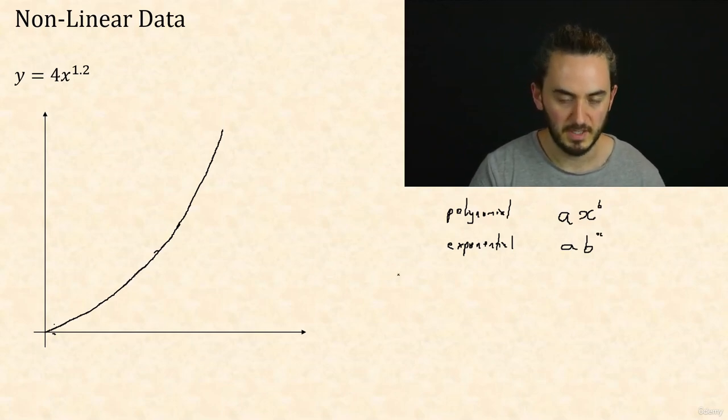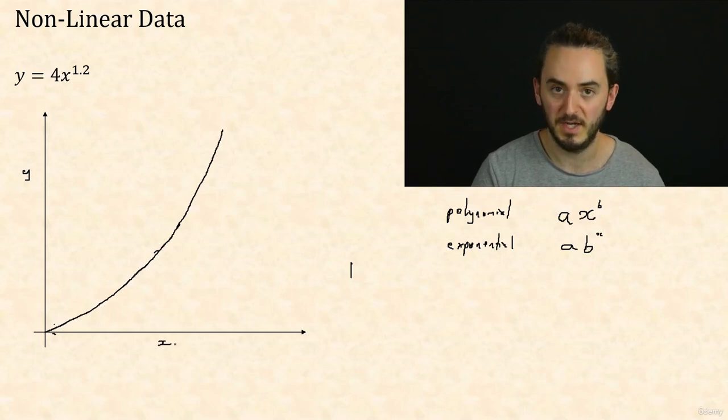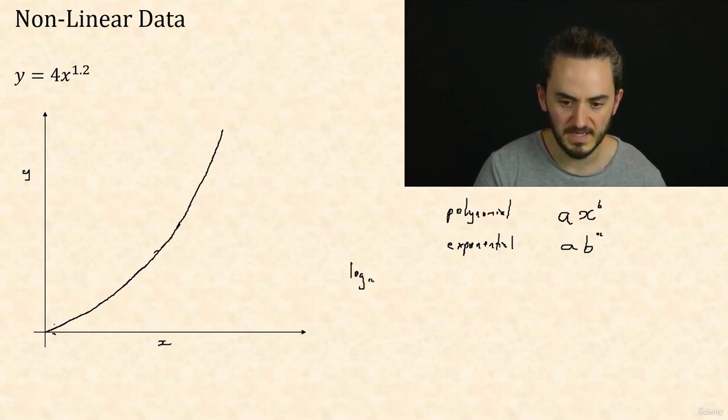So here's the clever bit again. If we take logs of both sides, here's what happens. Just to be clear, this was the y-axis and this is the x-axis. This is plain old x and y axes here. So if I do log base 10 of the left-hand side, I get that. And if I do log base 10 of the right-hand side, I get this.